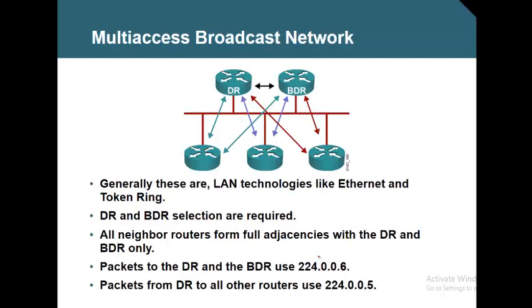Next is broadcast network type or multi-access broadcast network type. Whenever you got more than 2 routers like this, if you see here, there is a switch in the middle. The red line indicates a switch, and there are 5 routers connected to the same local area network.